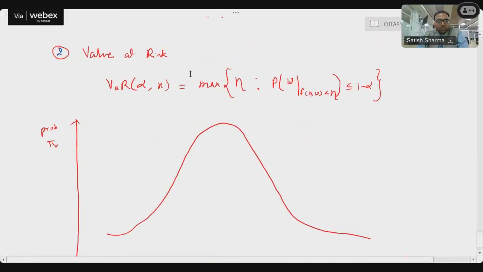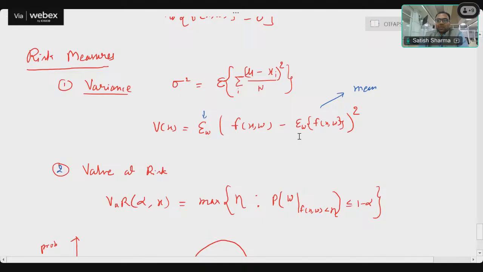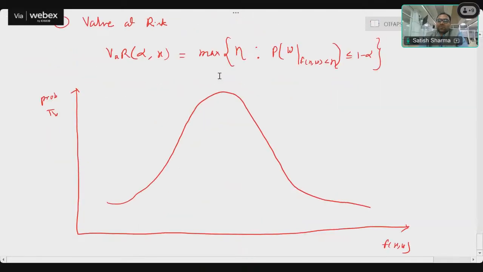Now, to calculate variance, basically we first have to identify the mean value. It is nothing but the expectation, as I discussed earlier, of all the profits over the probabilities.